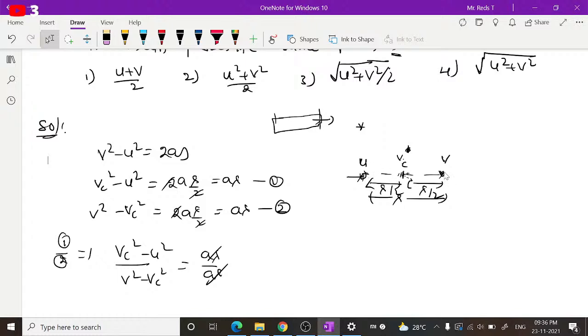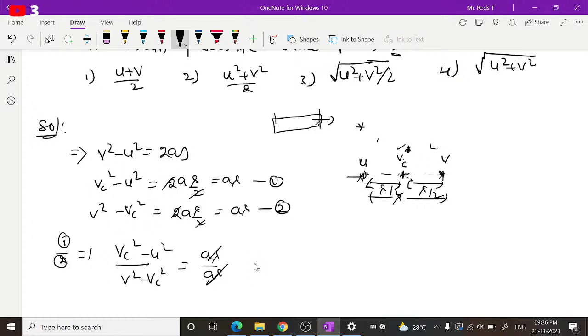At the midpoint, if the velocity is vc, you can write these two equations for the first half and the second half, and by dividing these two, you will get this.